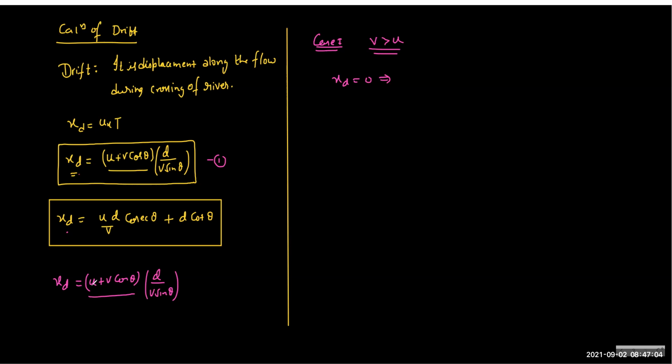It's a product of two numbers, the two factors (u plus v cos theta) into (d by v sin theta), and this is zero. Now we know that the second term cannot be zero, so the only way to make this zero is the first term must be zero. So u plus v cos theta must be zero.